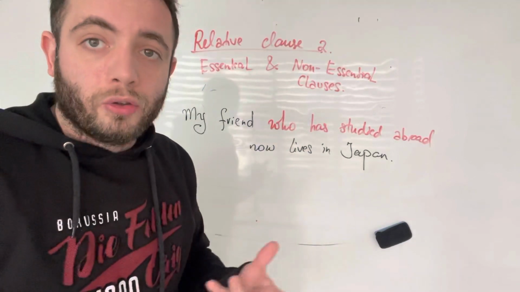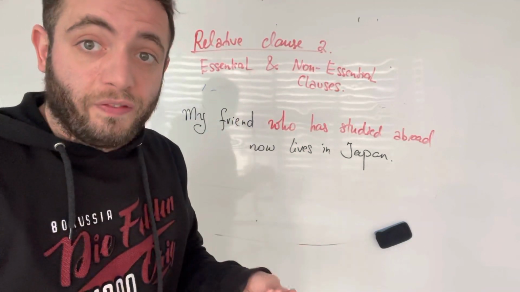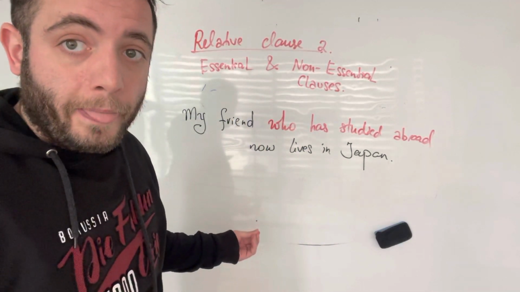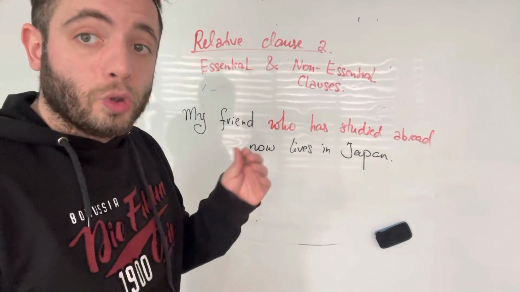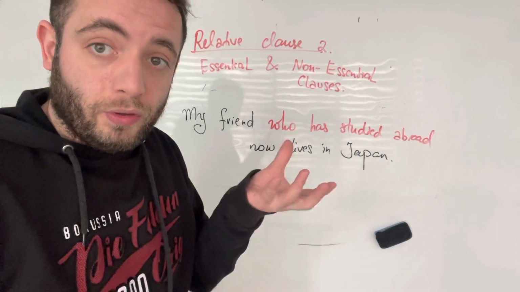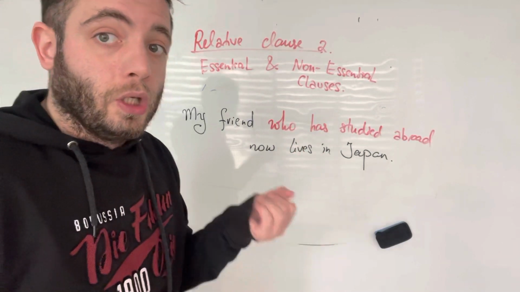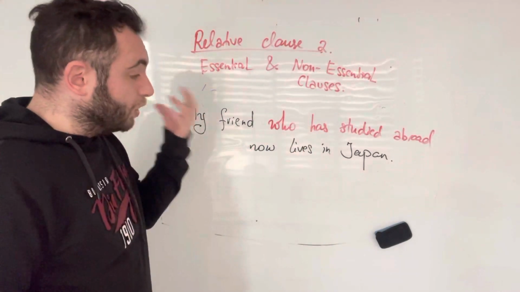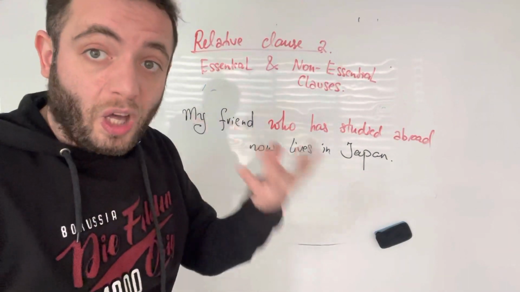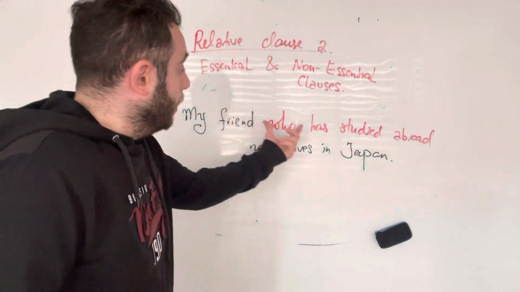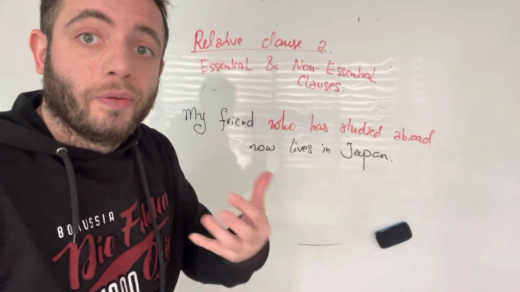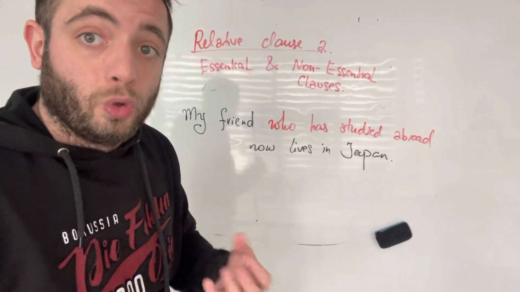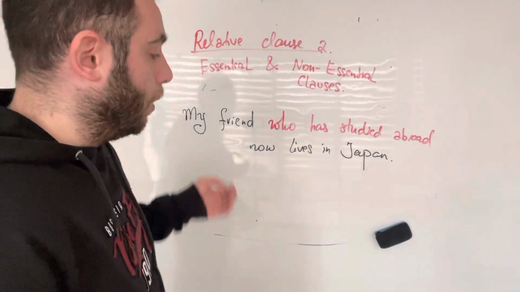So what we say as an additional fact about the person is just additional information. It's not part of the fundamental question. Whatever you say additionally, which was not asked, is expressed through a non-essential clause in a complex sentence.